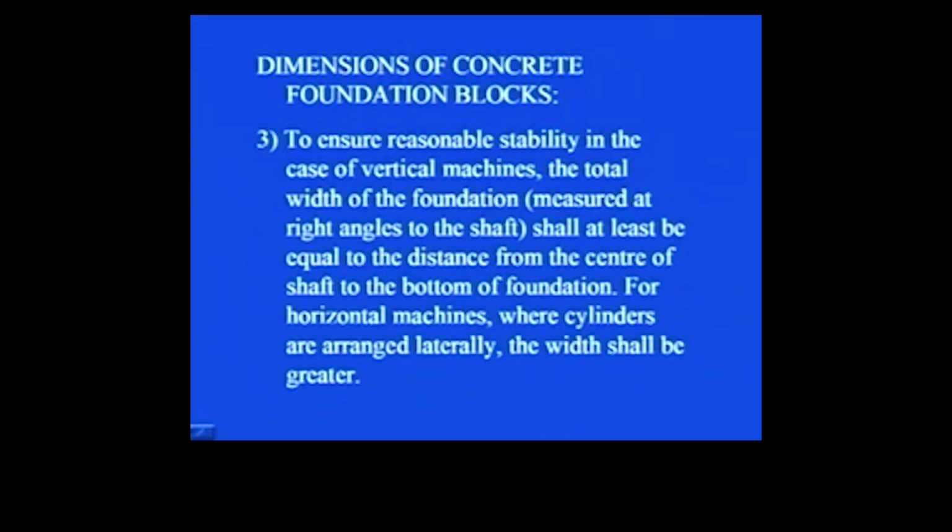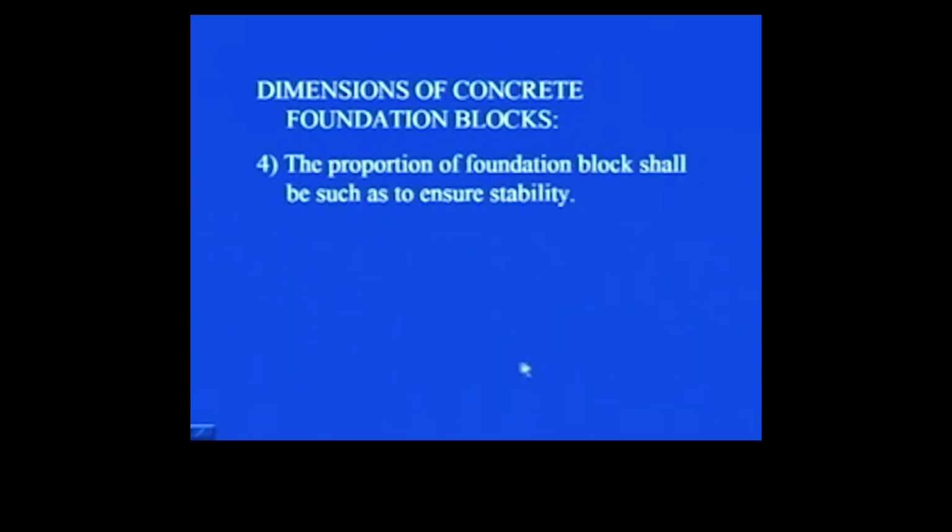And in case of horizontal machines where cylinders are arranged laterally, the width shall be greater. So in case of a vertical machine, this should be at least equal to the distance from the center of shaft to the bottom of foundation, and in case of horizontal machines, this width should be greater.